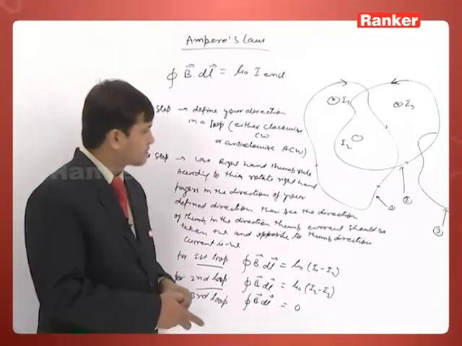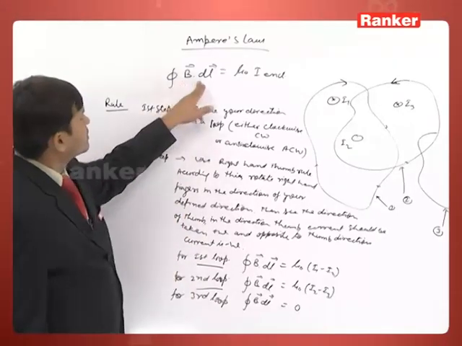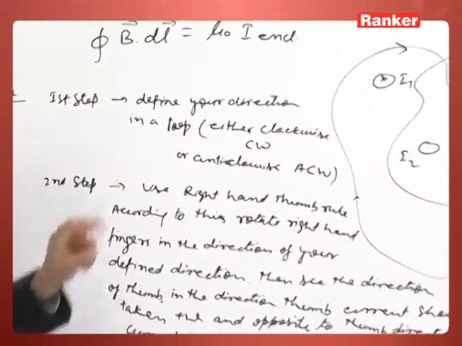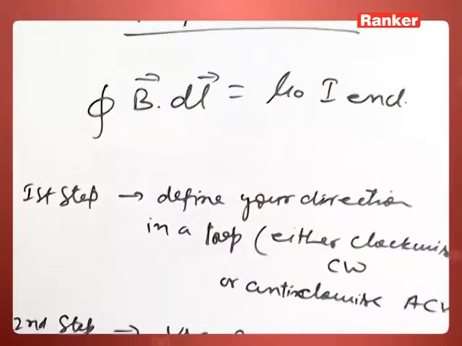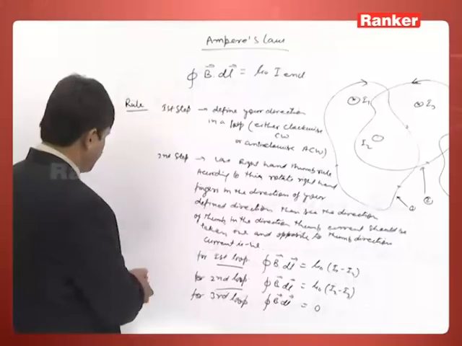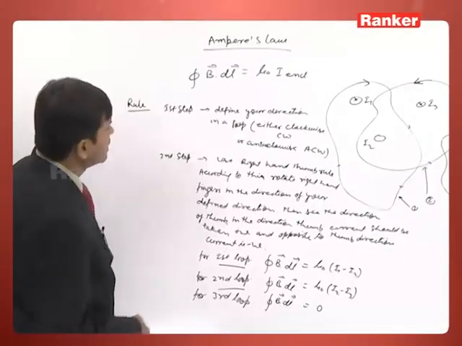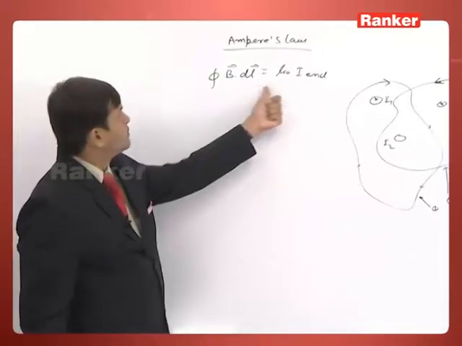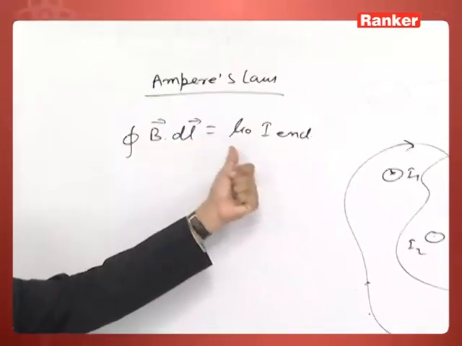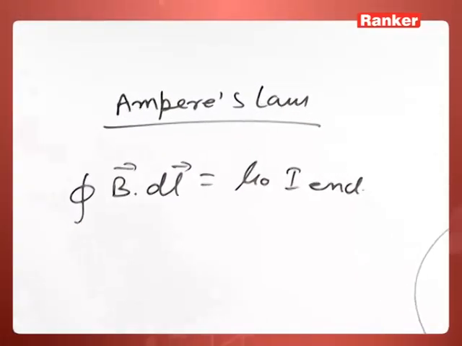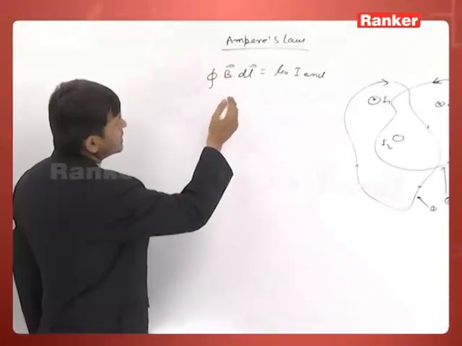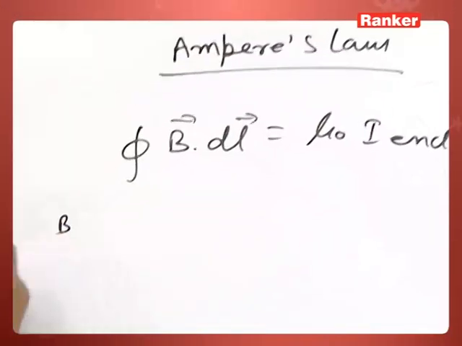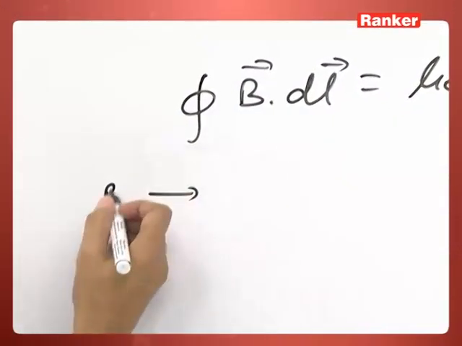Apart from that, let us see the description of B. According to Ampere's law, B dot dl is mu naught I enclosed. After using Ampere's law and the sign convention, first see what B means.